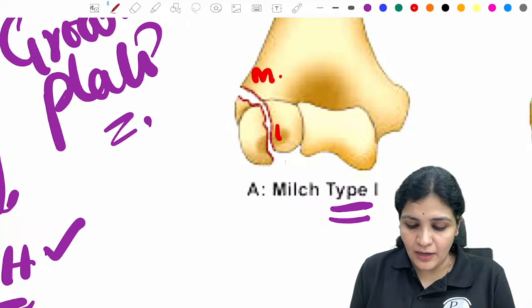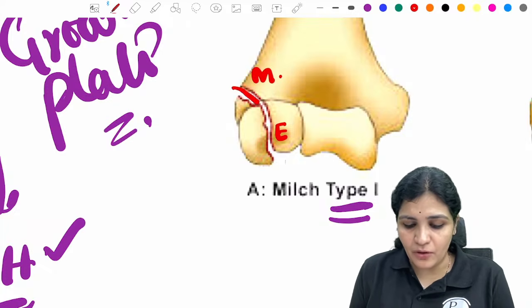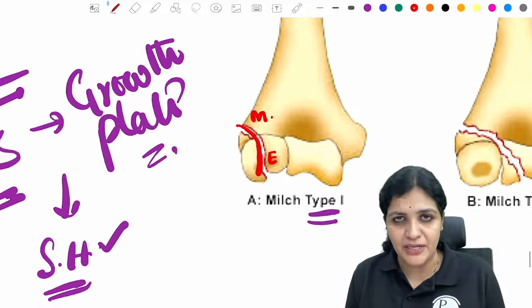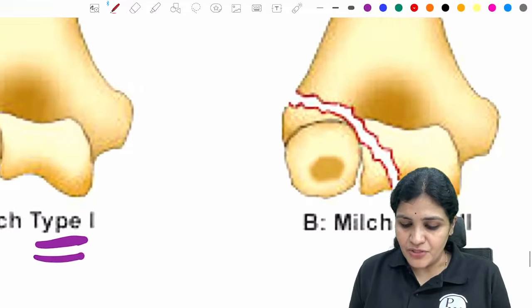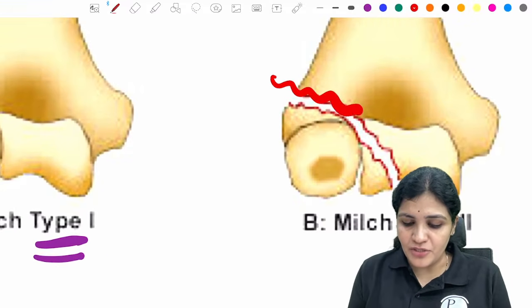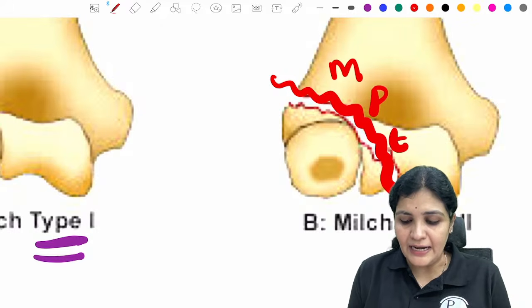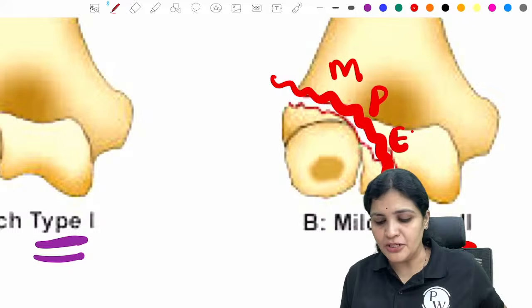Right? So coming to the Milch here, you see this is the metaphysis and this is your epiphysis, right? So here a small amount of the metaphysis and the epiphysis has been damaged in case of Milch type 1. And here, if you see, it is a larger fragment which is going through the physis. So metaphysis, physis and epiphysis, right? That is Milch type 2.